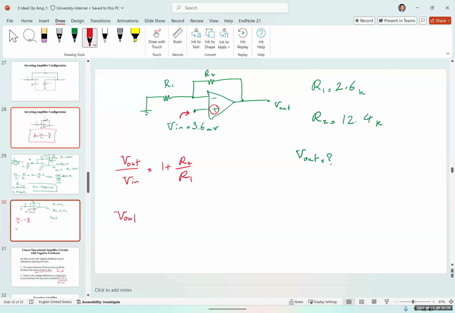So V out would be equal to 1 plus R2, which is 12.4 K, over R1, which is 2.6 K, all of that multiplied by Vn, which is 3.6 millivolts, gives us 20.76.